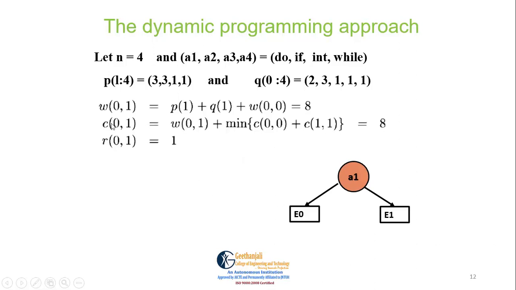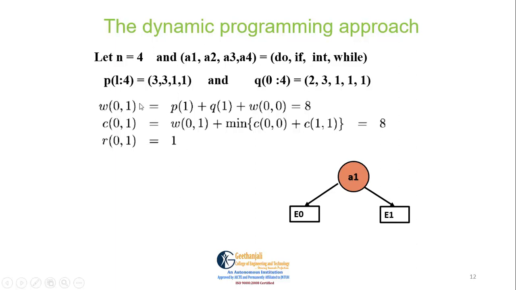So first we are computing the frequency W of 0,1. First of all, you should know what is there in W of 0,1. In 0,1, you have E0 and E1. Because W of 0,1 means what virtual nodes are there? Q0, Q1. That is E0 and E1.